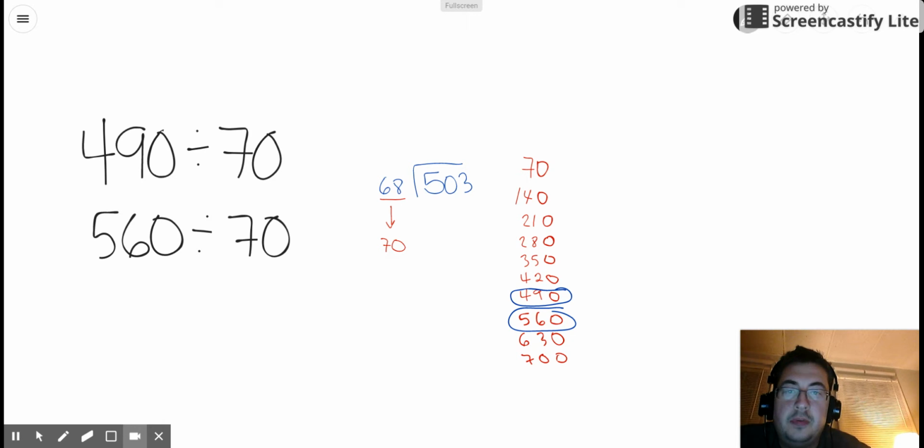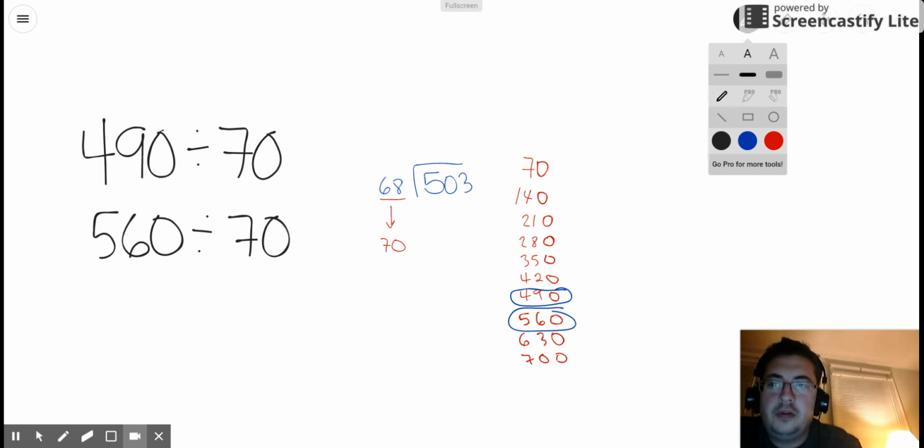So notice that I'm dividing by 70, which is my rounded divisor, and not 68. Okay, so I need to figure out what 490 divided by 70 is, and what 560 divided by 70 is, and when I do, those will be my two estimated quotients.